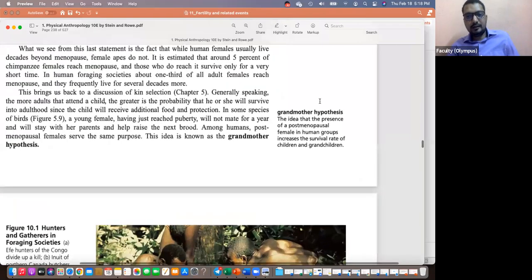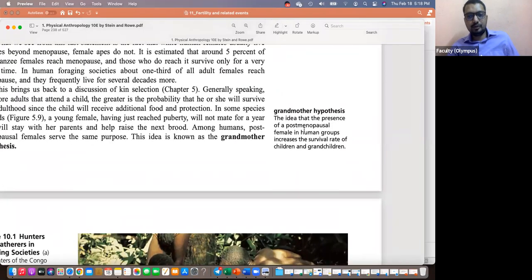It is the idea that the presence of a postmenopausal female in human groups increases the survival rate of children and grandchildren. So, what is the benefit of having a grandmother? When a person's mother is in the stage of having a child, if there is additional support in the family, there is a higher survival of the grandchild.